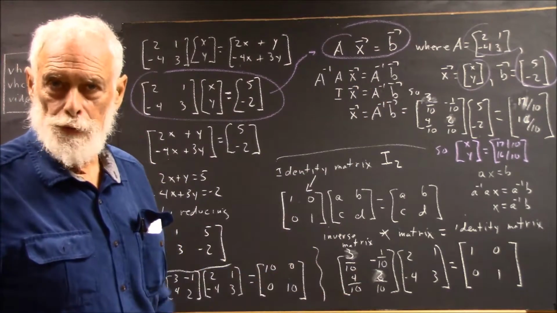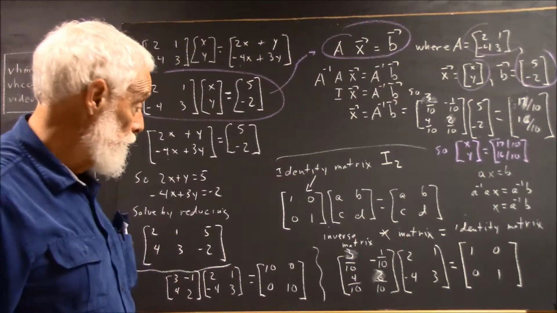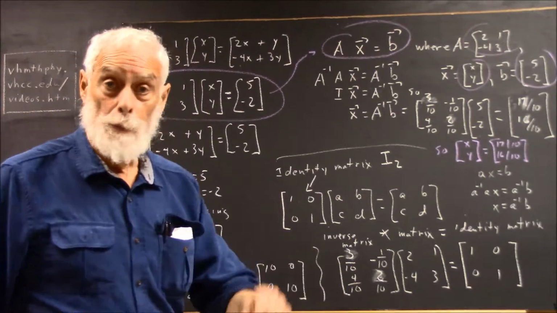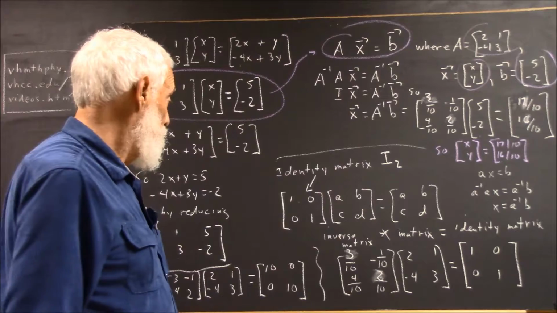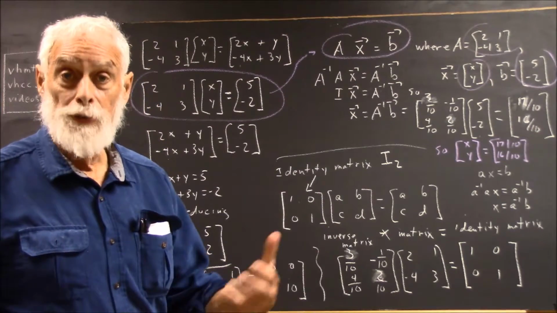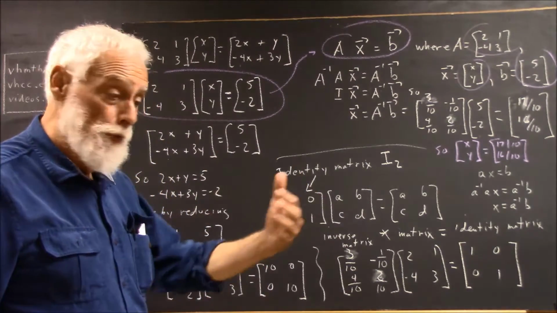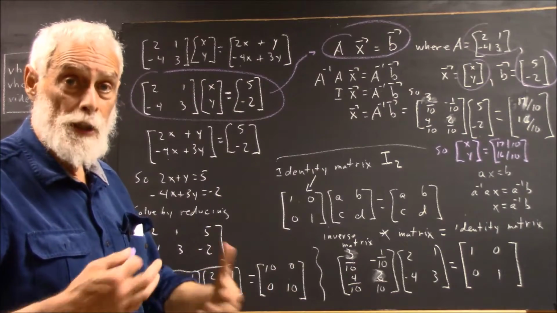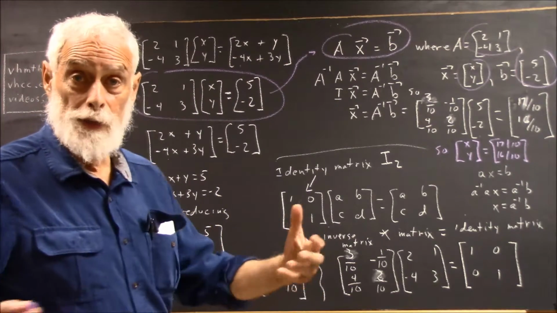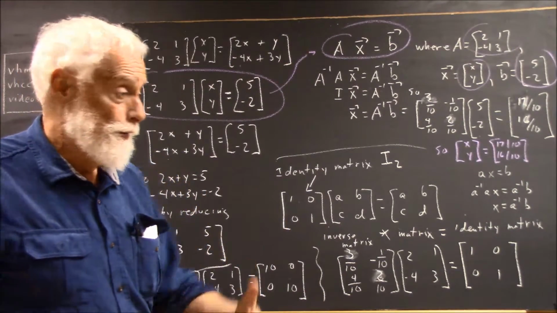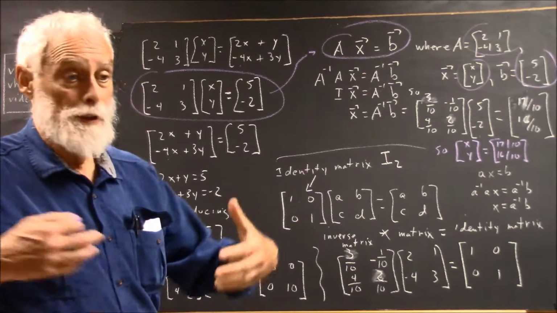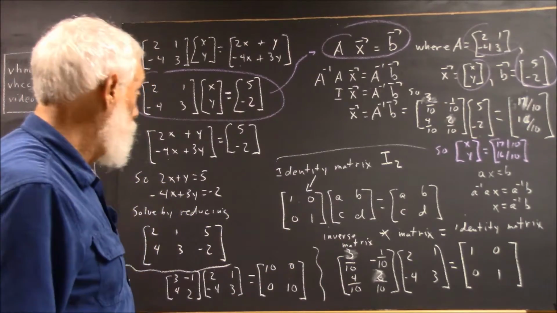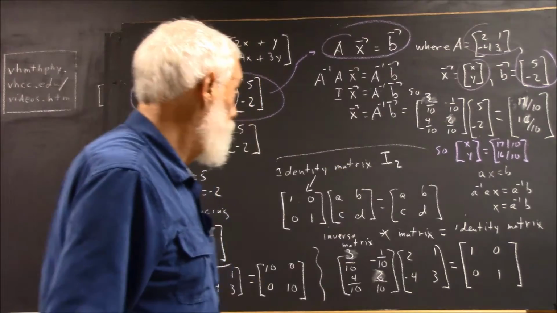And your calculators will do matrices, they'll invert matrices. But you need to know the process, because sometimes you have to do things symbolically, prove things symbolically, and establish your methods symbolically, and that's one of the things you learn in this course, how to prove things, how to check out your methods. Okay, so that's pretty much it.